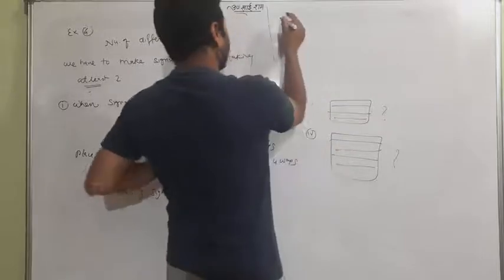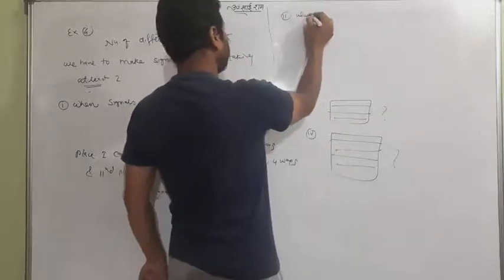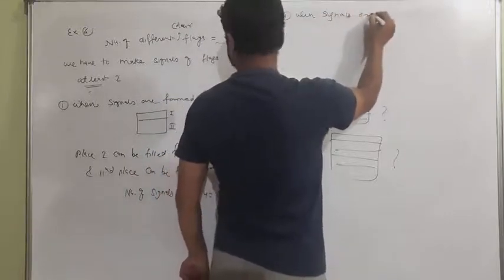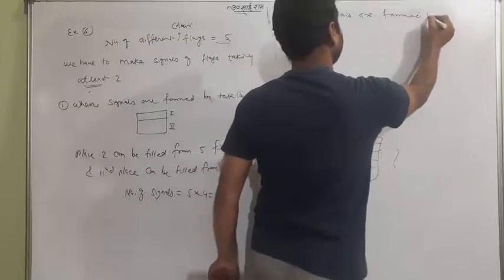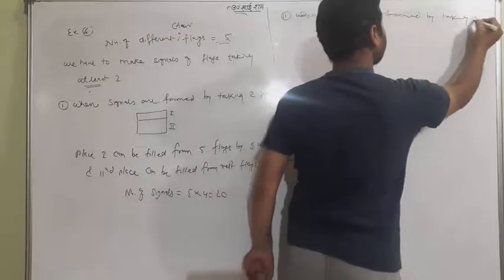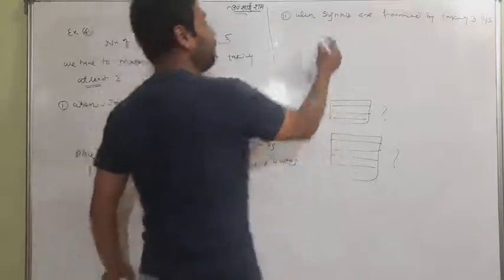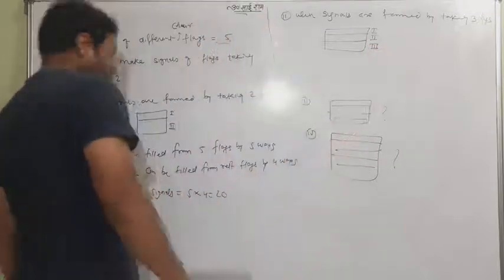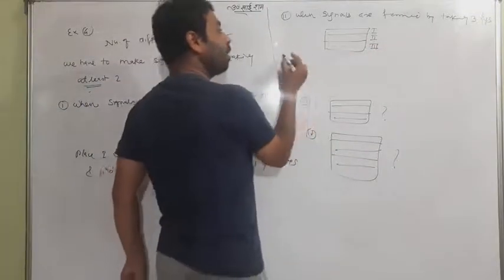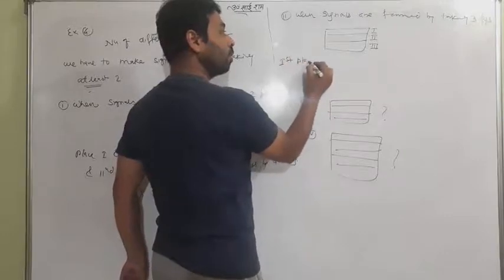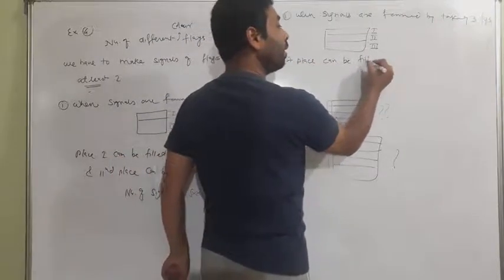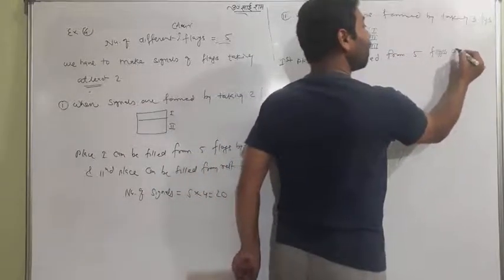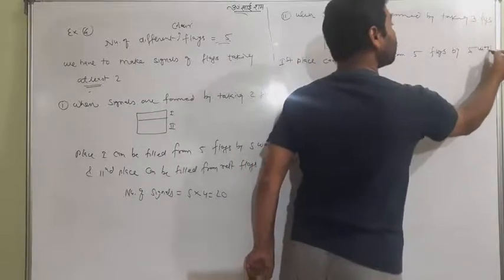Second case, when signals are formed by taking 3 flags. The condition will be like that, 1, 2 and 3. And then I'll write, first place can be filled from 5 flags in 5 ways.